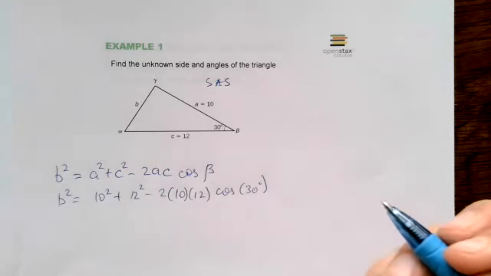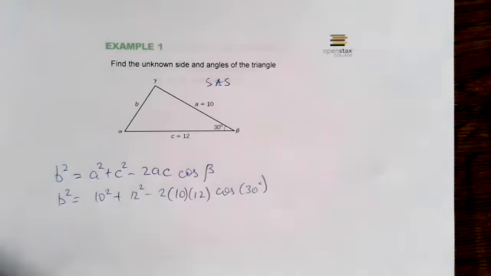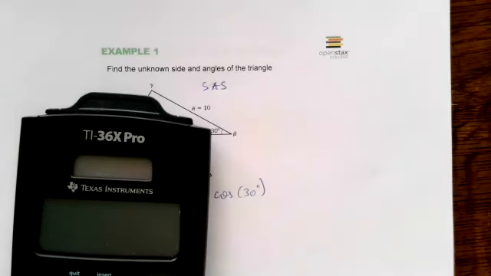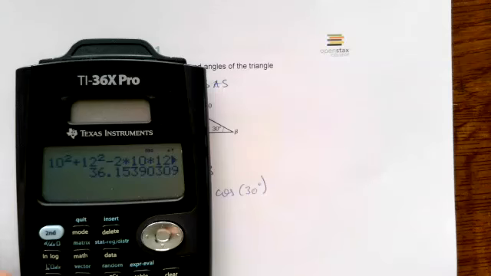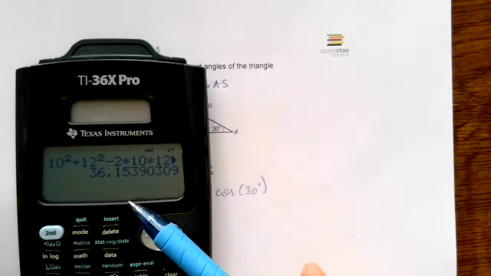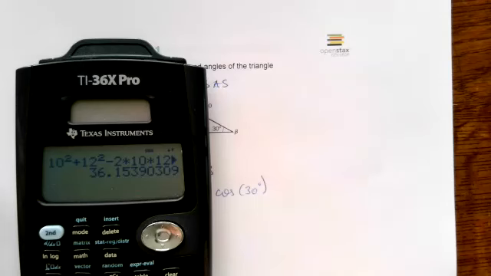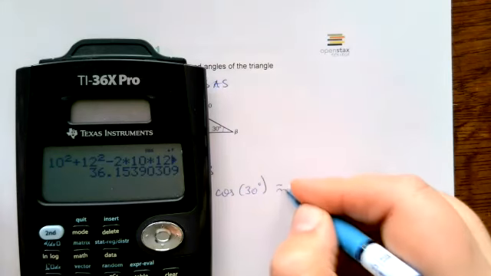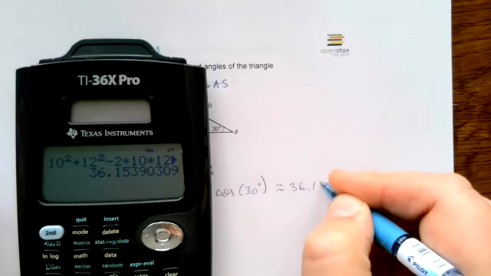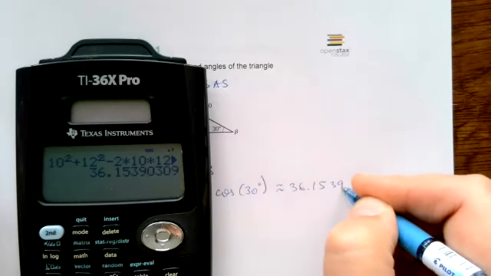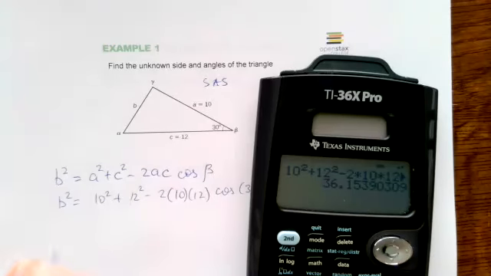And when we put all of it in the calculator, I got 36.1539 approximately. But remember, that's B squared.